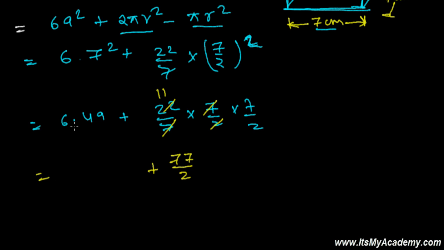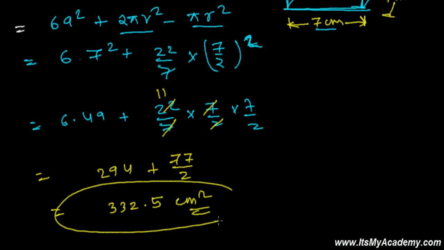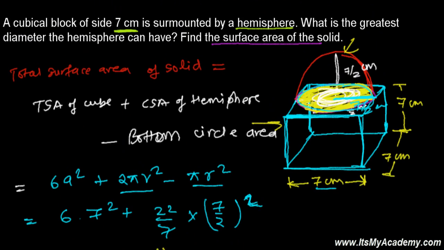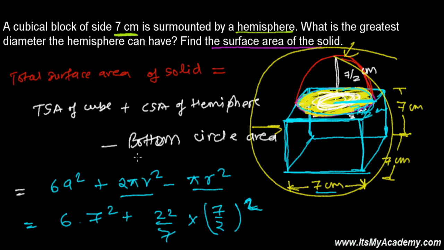And 6 times 49 is 294. Let me do it by calculator, that will be faster. I don't want to make you wait. 77 by 2 is 38.5, plus 294 is 332.5. So 332.5 centimeter square is the area of this solid, which is a combination of a hemisphere and a cubical block.